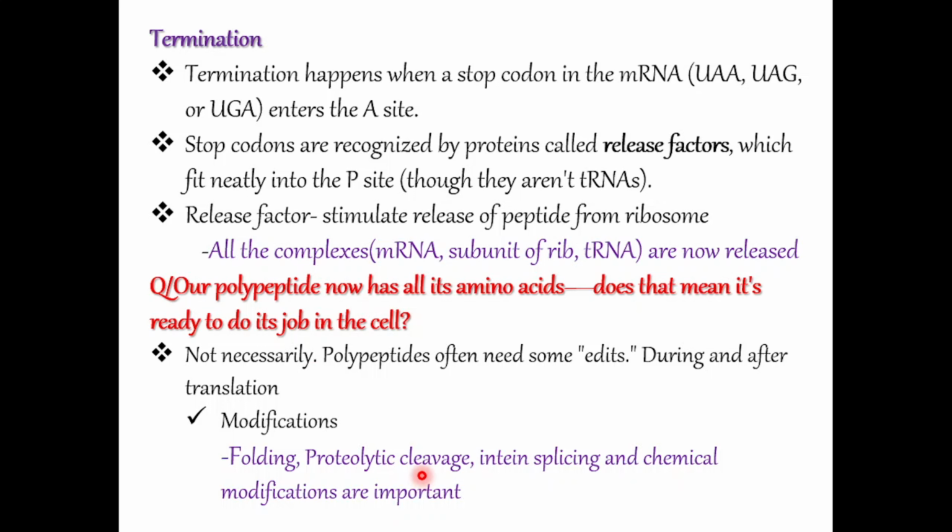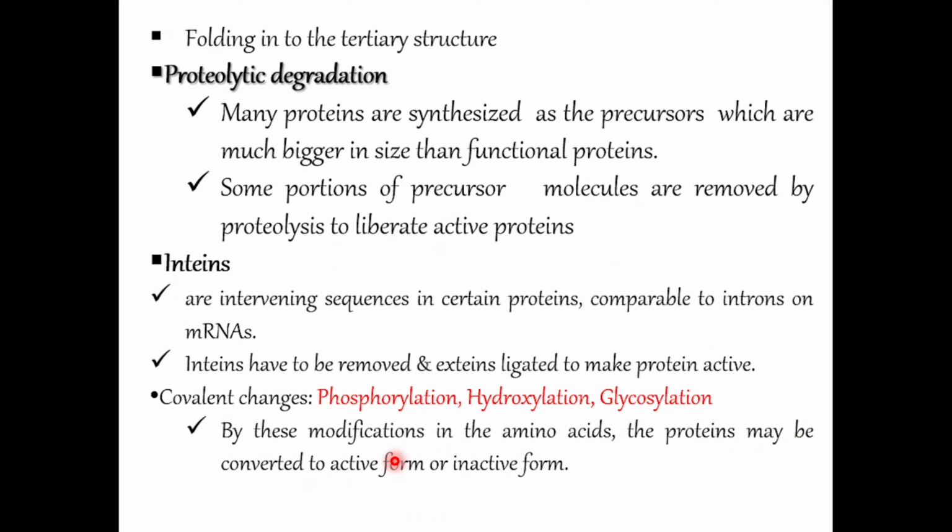There should be modifications like folding, proteolytic cleavage, intein splicing. Chemical modifications are very important. All these modifications we call post-translational modifications. These are important to make the produced protein active. Then protein localization may take place. That is how translation is terminated.